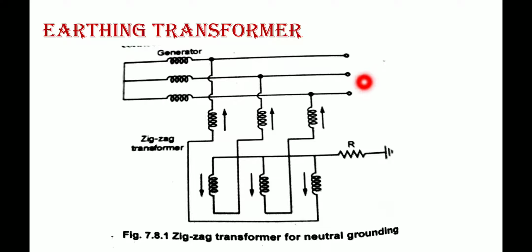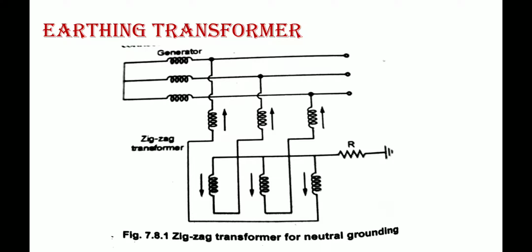That is during the normal conditions. Suppose a fault occurs on this system, under fault condition what will happen? During the fault condition, the impedance of this grounding transformer will be very low.